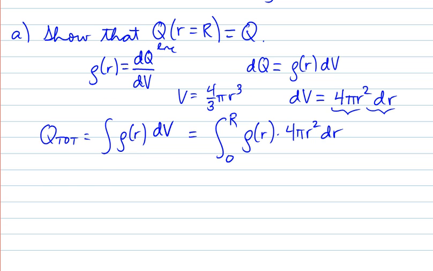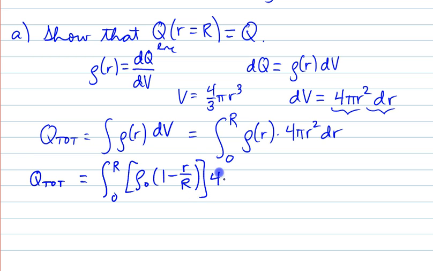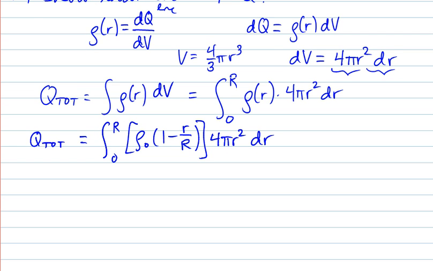Okay, so now it just becomes kind of a math problem. So we'll try to not make too many math mistakes here. We want to do the integral from 0 to R, and rho of r, if you remember, is rho naught times 1 minus little r over big R, and then we have 4 pi little r squared dr. So just for fun, I'm going to take out a couple of constants.